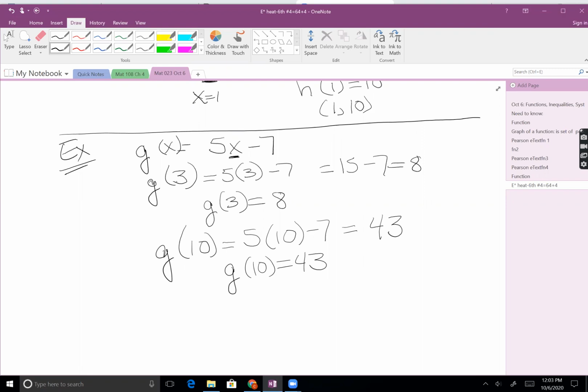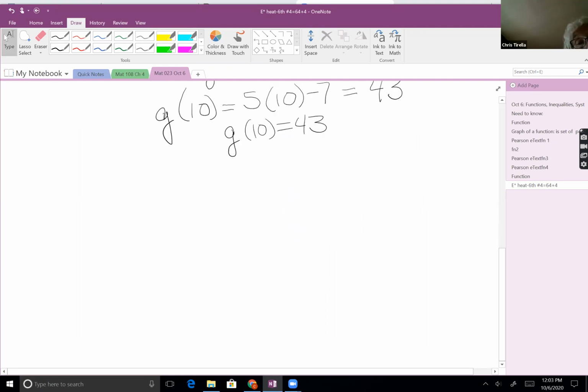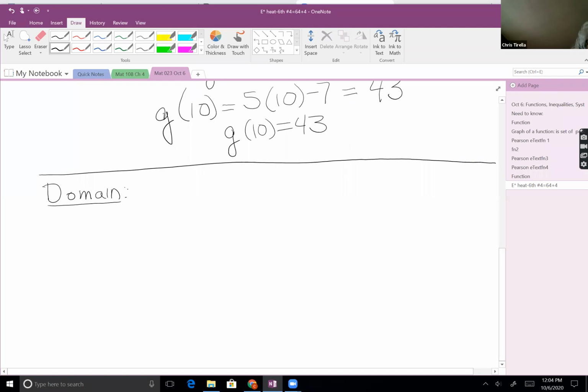Okay. Then if that makes sense, I'm going to go back to a term that we talked about before with functions, and that was the domain. And we said that the domain was a set of x values. So we can look at the domain as being the replacement set for x.